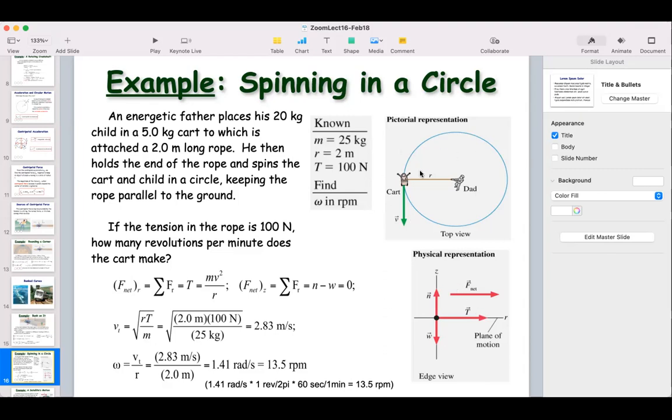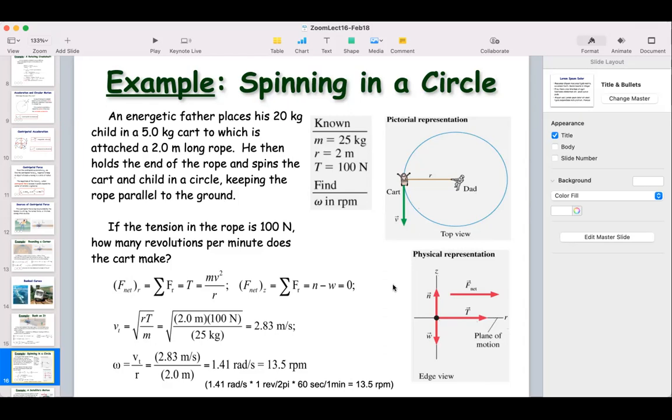So this is again the pictorial representation. We want to do the physical representation because it's always easier. So we do our kid as a dot, normal force going up, weight going down. It says that the rope is parallel, right? Keeping the rope parallel to the ground. So we don't have any angles, and so we have only this component.